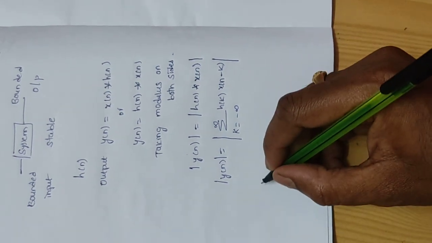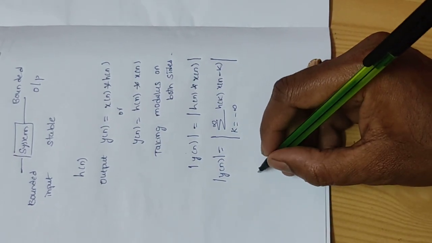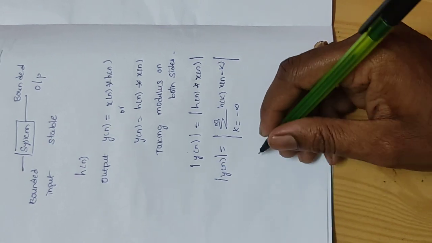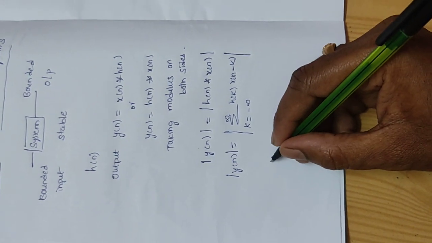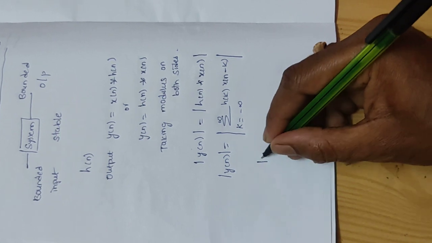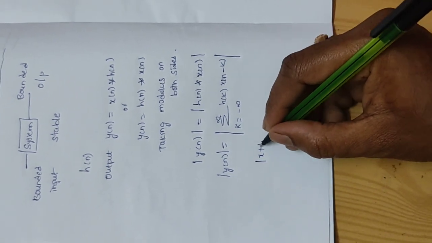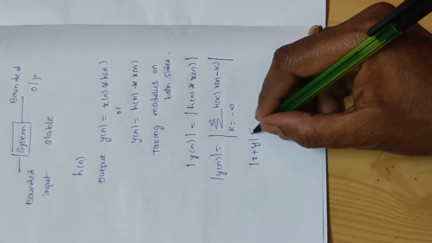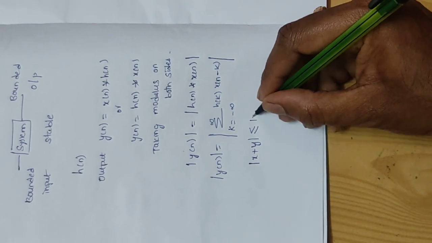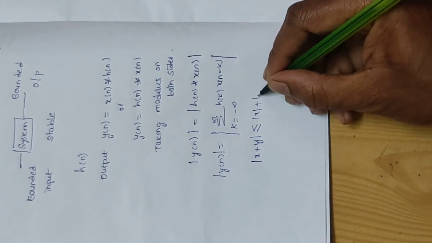From the basic properties of modulus, modulus of x plus y is less than or equal to modulus of x plus modulus of y.